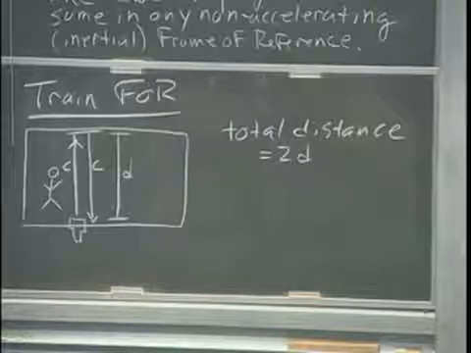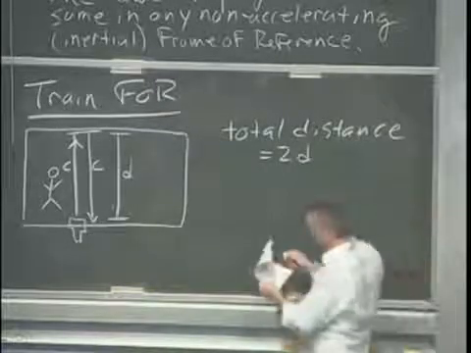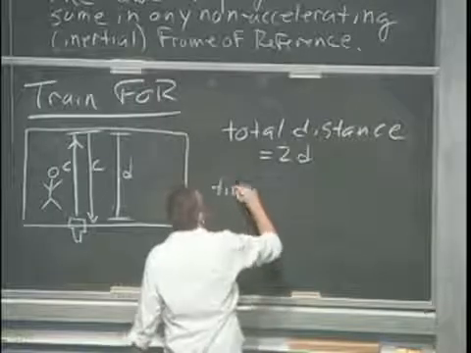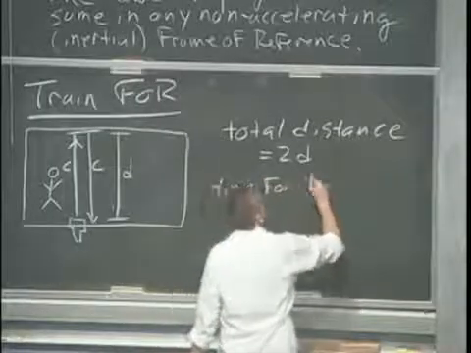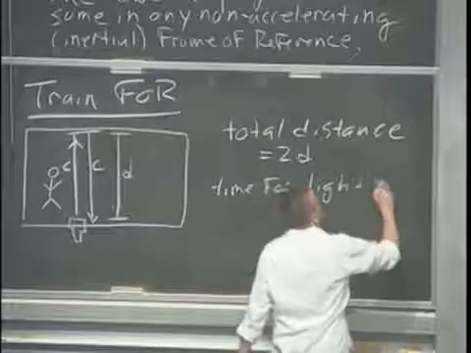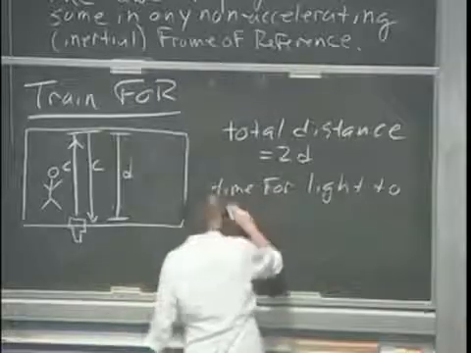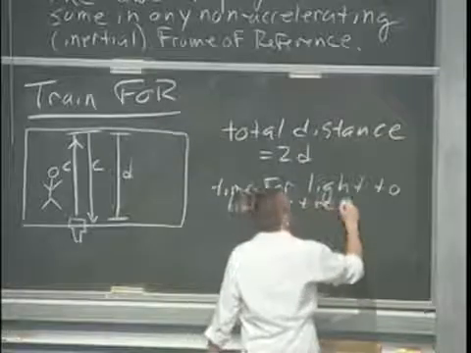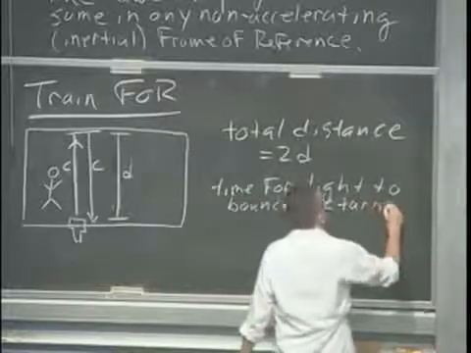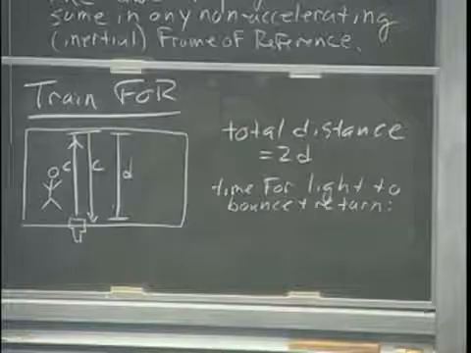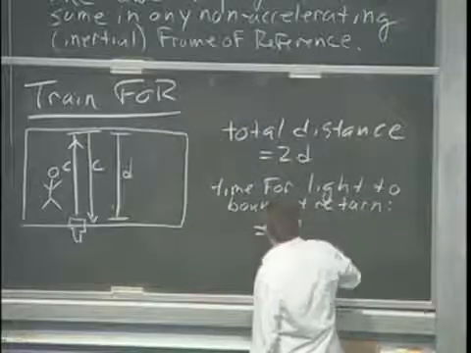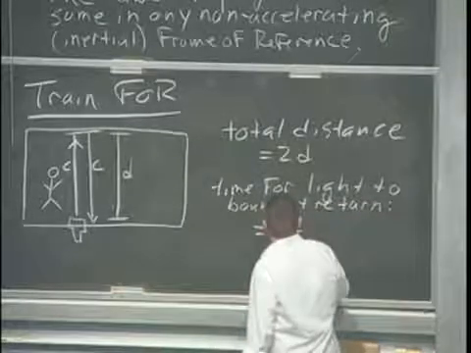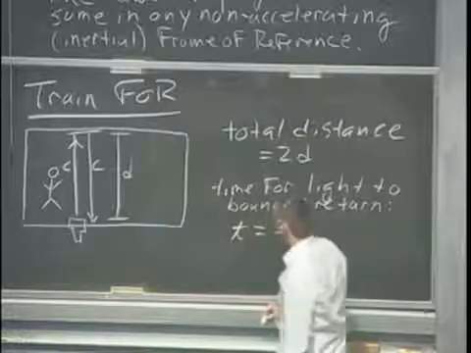And for the amount of time for the light to bounce off that mirror and return, the amount of time is just going to be equal to the distance divided by the speed of light.